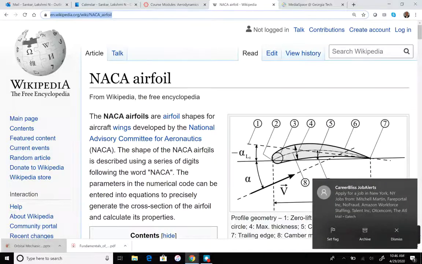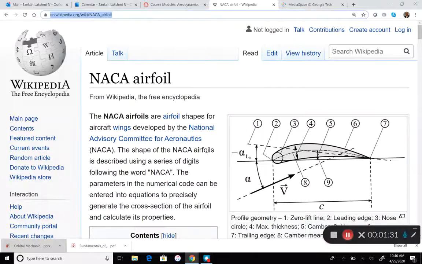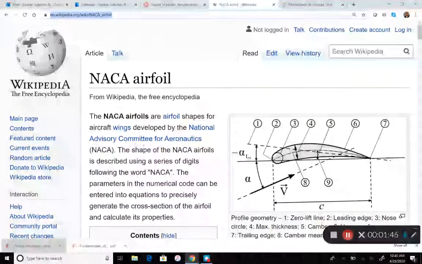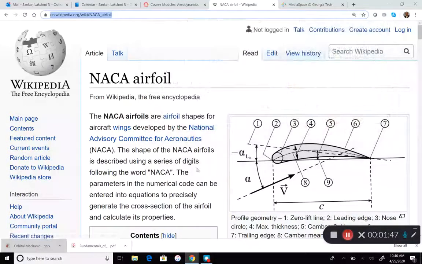During the 1930s and also early 1940s, when the aviation industry was just evolving, current NASA that we know used to be called NACA, National Advisory Committee for Aeronautics. They used to have a wind tunnel at Langley, what we currently call NASA Langley Research Center.